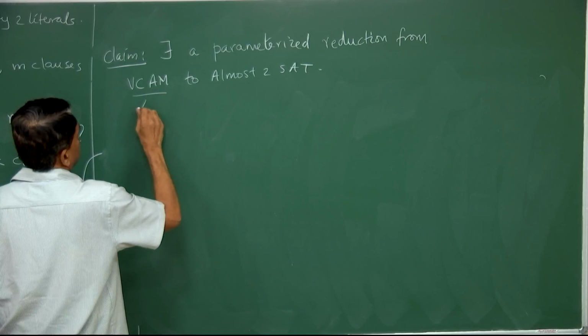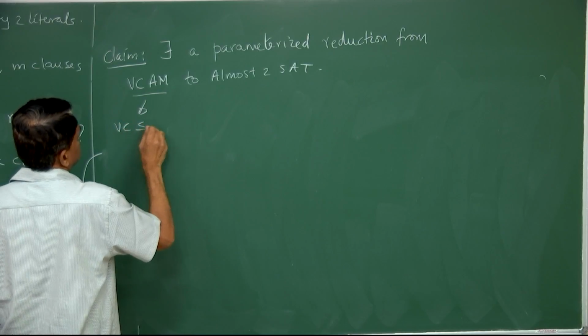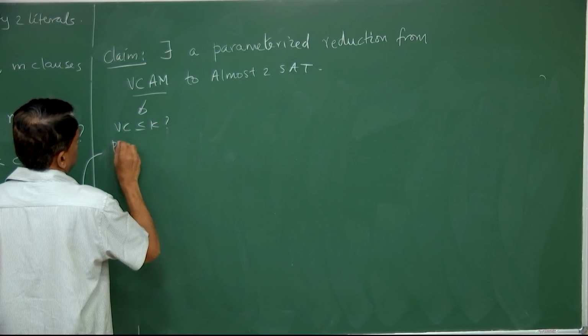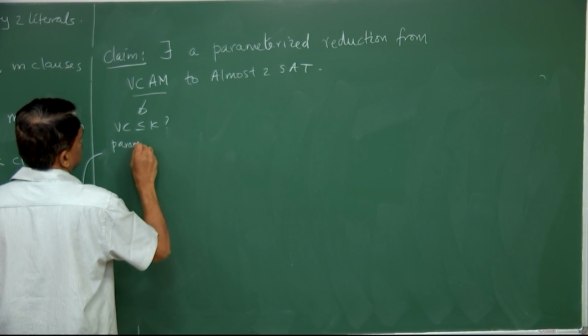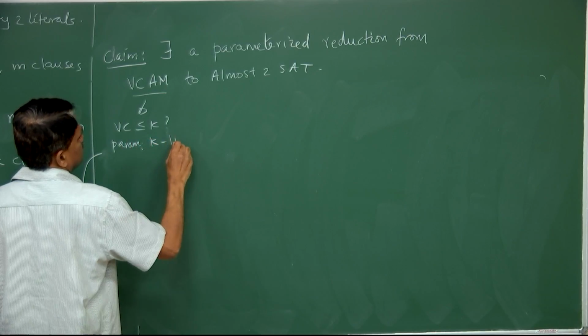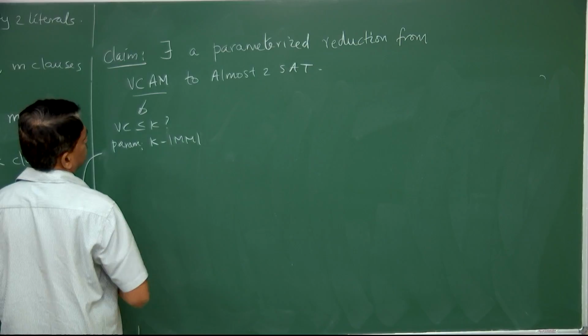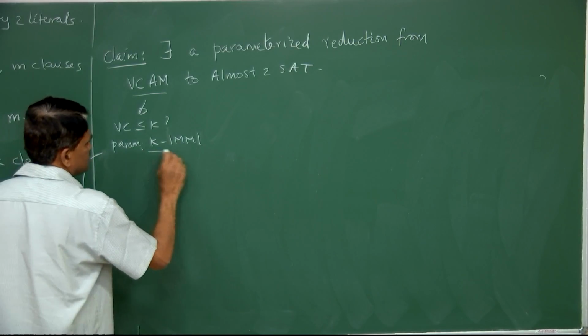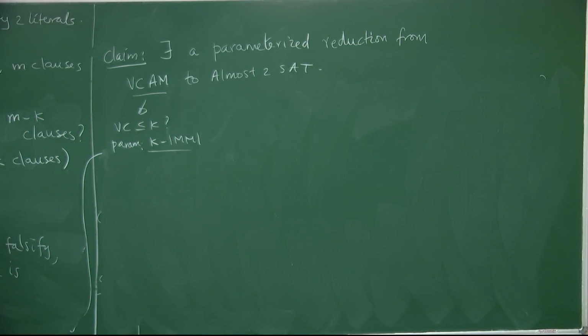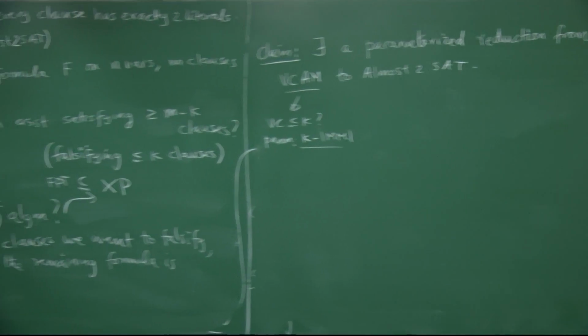We want to know, is there a vertex cover of size at most k, and the parameter is k minus the size of the maximum matching you are given. This problem I call vertex cover above matching, and I want to show that there is a reduction from here to this almost 2-SAT problem.